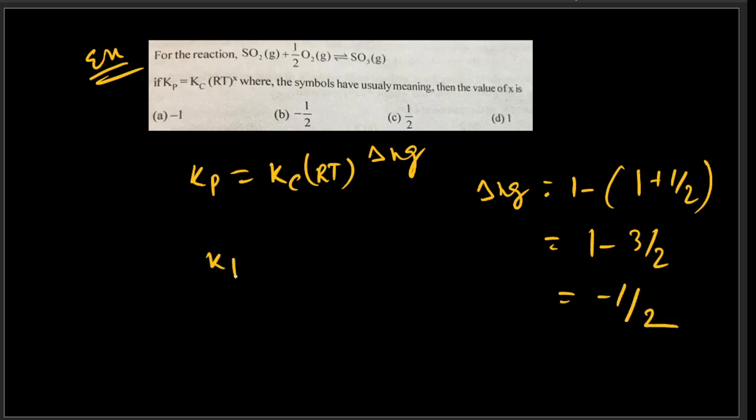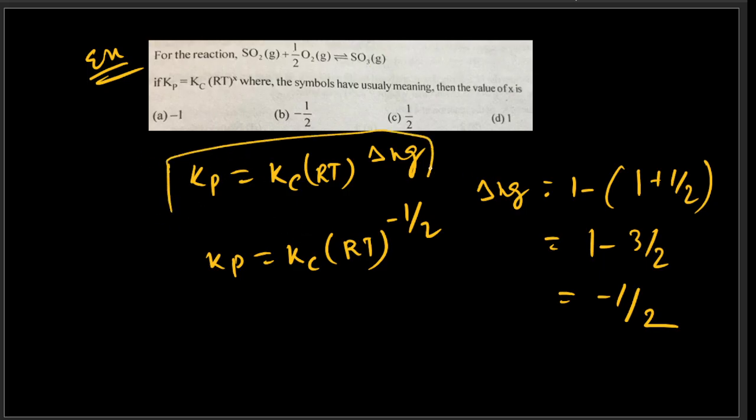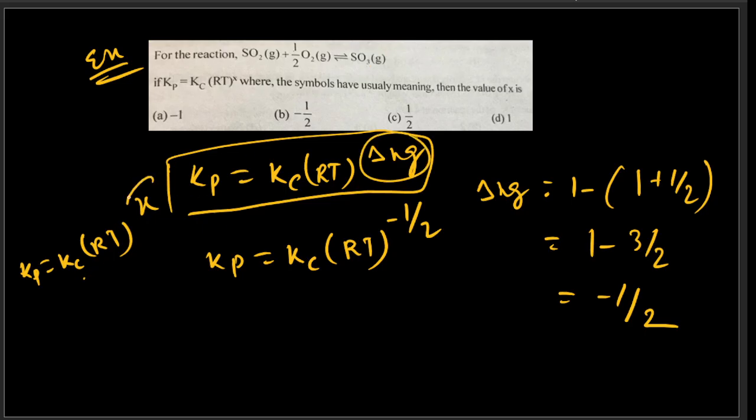So here Kp equal to Kc RT^Δng with Δng minus 1 by 2. They ask what is the value of x. They say that Kp equal to Kc RT^x. So if you compare this and this, we see that Δng is equal to x. So x equal to Δng, that is equal to minus 1 by 2. So option B is correct.